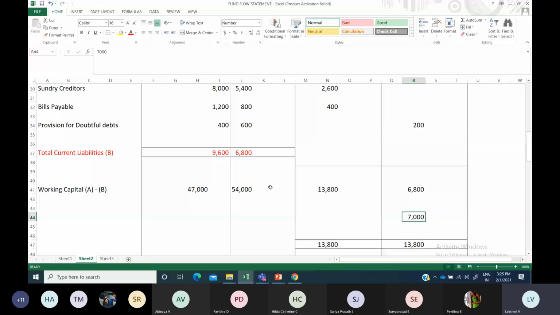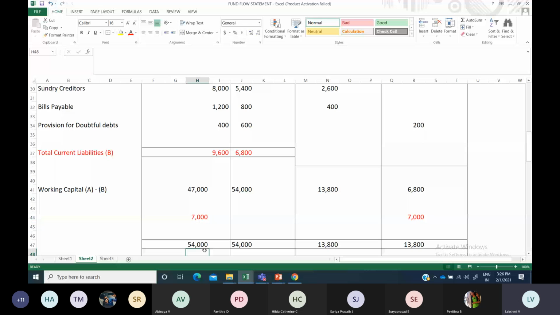Okay, so what is the amount here? 7,000. This will be our answer. If you see here, same way, here also if you see 47,000, 54,000. Which amount is higher actually? 54,000 rupees is higher. So same way you have to do 54,000 here, both the sides, both the columns, 54,000. Okay. Now, if you put here 7,000, you will be getting that 54,000, right? 47 plus 7, 54,000.